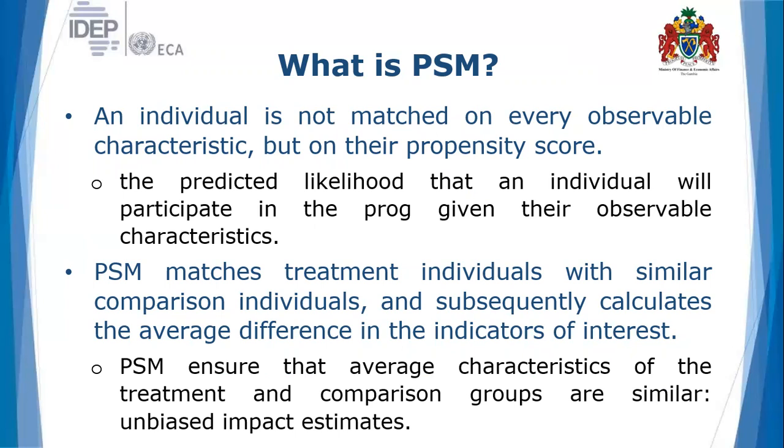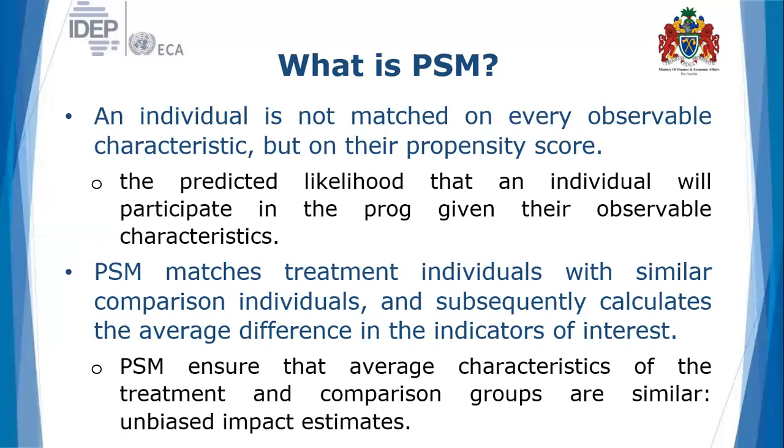Under this technique, propensity scores for each individual are computed, both for the treatment group and for the control group, and then those propensity scores are matched. Propensity score matching technique matches treatment individuals with similar comparison individuals and subsequently calculates the average difference in the indicators of interest.